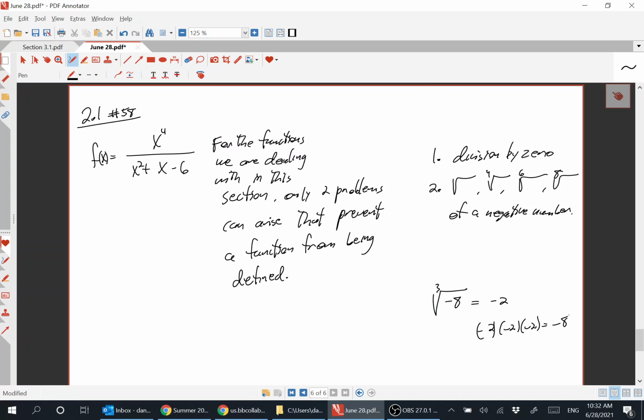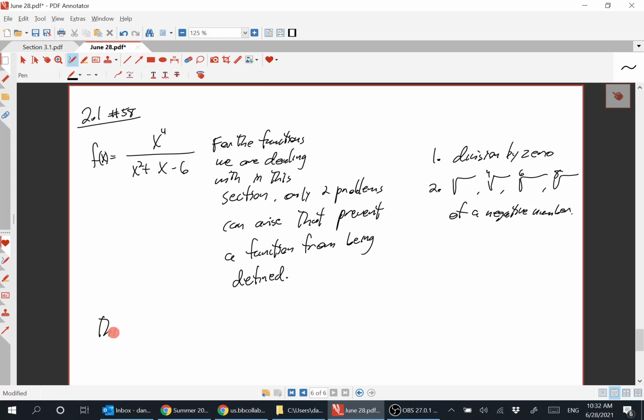You can take an odd root of a negative number. It's the even roots that are problematic, okay? So that's it. Later on, when we do logarithm functions, there will be another impediment, but we haven't gotten to that yet. So here, the only thing that could make the function not be defined would be division by 0.